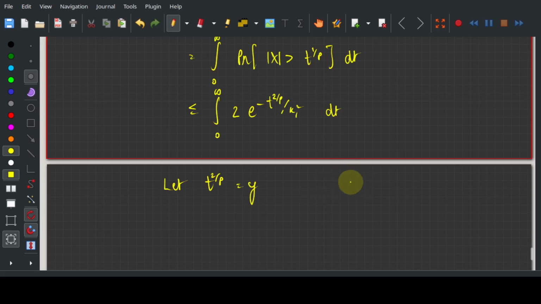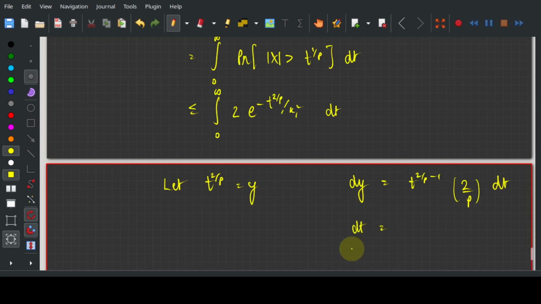So what is dy equal to? t to the 2 by p minus 1 times 2 by p dt. Or in other words, what is dt equal to?